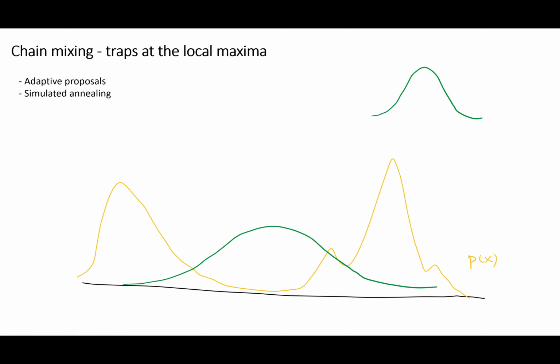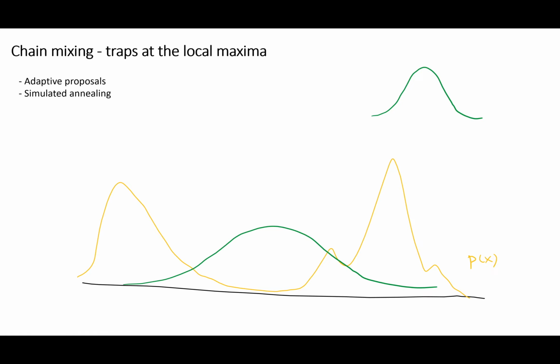The next proposal on how to tackle this problem is to utilize an adaptive proposal. What it means is that you can reduce the variance of the proposal as time goes. This approach is also used by the simulated annealing heuristic, which is a very cool heuristic.